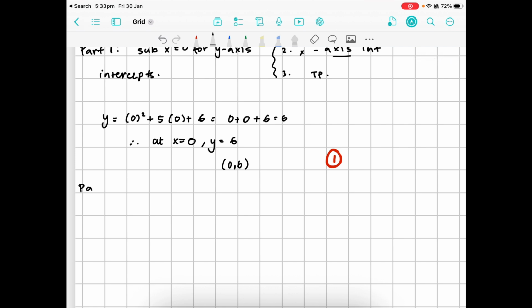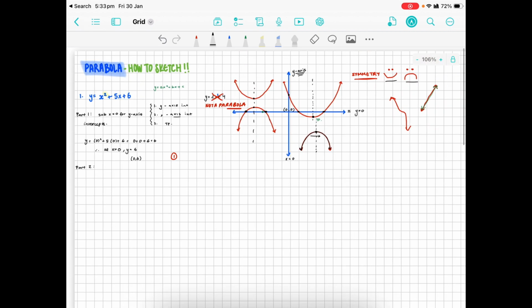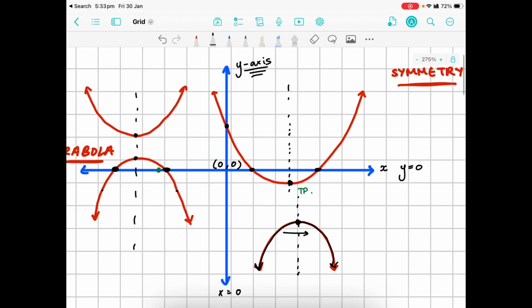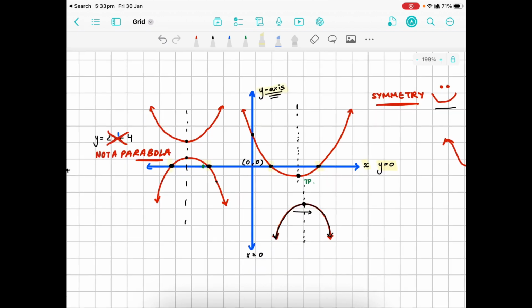Part 2. If we look at this shape, the x-axis intercepts are these ones over here. These lie on the line y is equal to 0, because this is the y-axis and this is the x-axis.